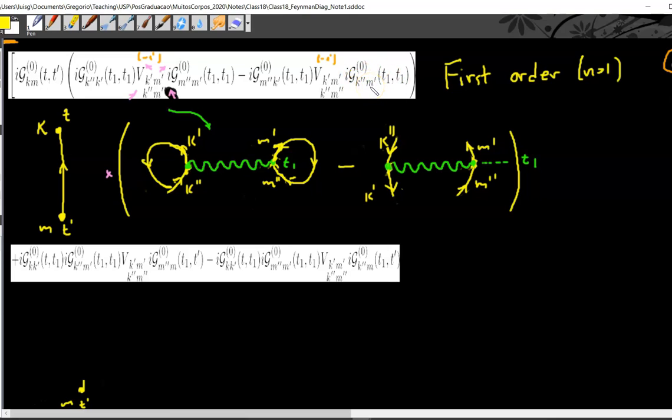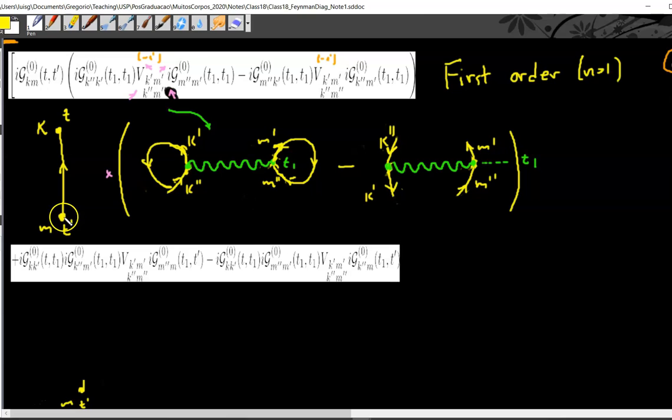So this term has a propagation line from m prime to k double prime. So I have to begin and end at the same time. So this is like a vertical line here. So you can think of t1, a fixed time, as like a vertical line here.